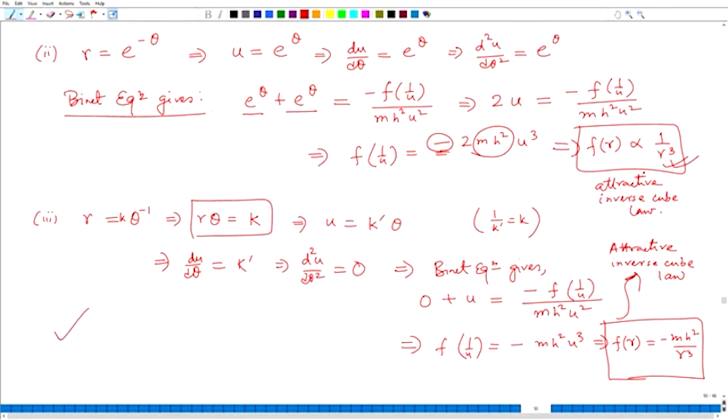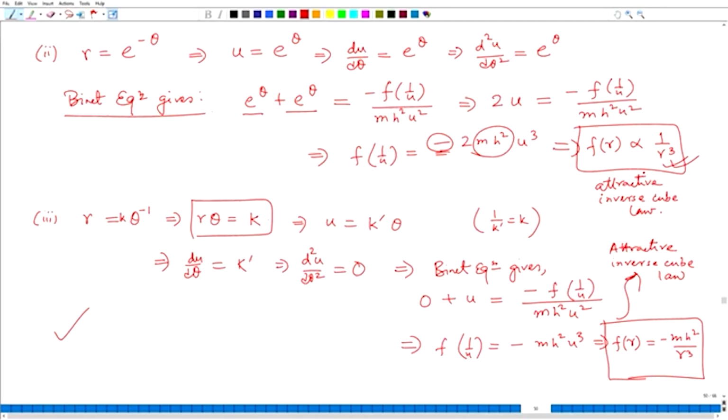I used them deliberately as a measure of caution to you, that there is no hard and fast rule that you cannot have two different trajectories from the same law of force.